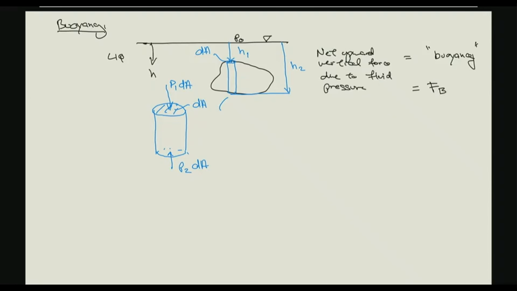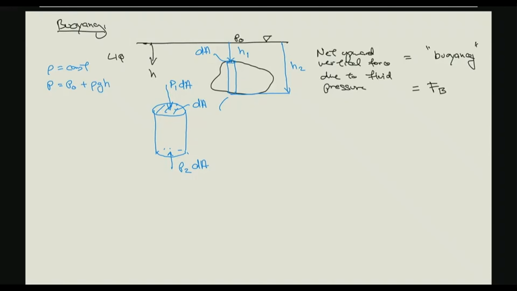Now for the pressure, if we assume rho is constant, then we can use our usual expression, P is equal to P naught, where H equals 0, plus rho g H. Again, H is the depth coordinate, positive downwards.